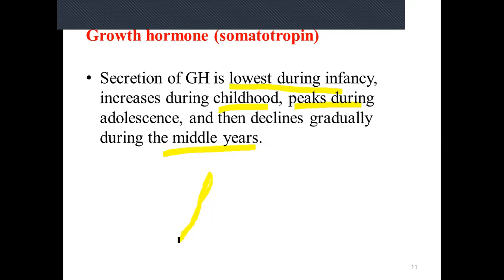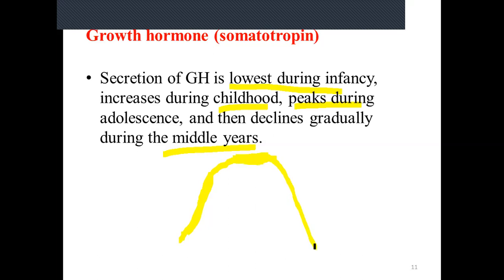When a person is in the baby stage or infancy stage, it is very low. It goes up during childhood, and in adolescence, around the age of 20, it peaks. After that, it declines gradually.